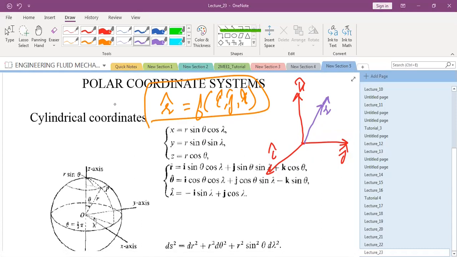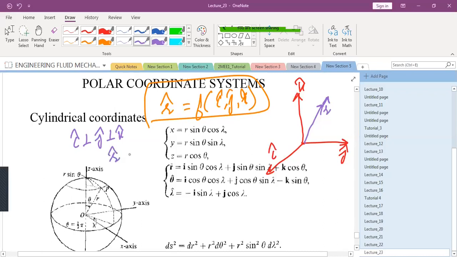First of all, r cap, Karan, the question is to you. You know that i cap is perpendicular to j cap, j cap is perpendicular to k cap. What about r cap, theta cap and lambda cap?